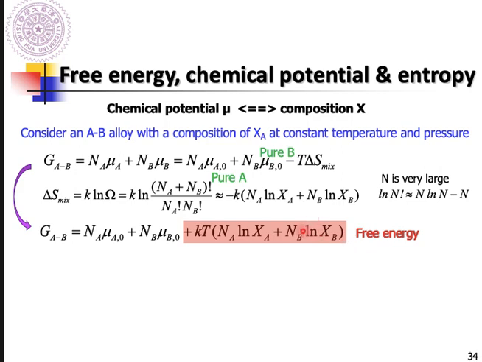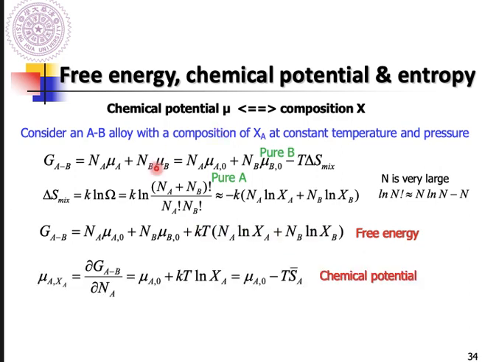Okay, back to our question. Can you write down the chemical potential of atom A at a specific composition XA? Do you remember the definition of mu A, the chemical potential of atom A? The definition is: when I add 1 mole of atom A, how much does the total Gibbs free energy of our system change?